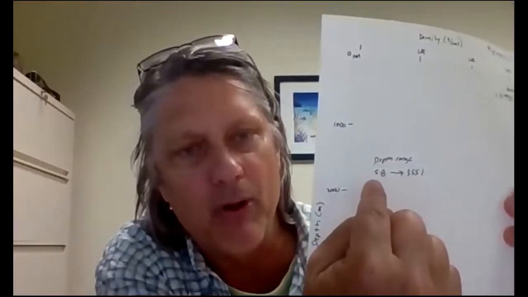Every box is 100, 200, 300, and so on up to 1,000. I did that because on a piece of scrap paper, I wrote the range. 5.8 is the lowest, and 3551 was the highest. And then I looked at how many boxes I had, and I figured out the most logical way to arrange the depth. The most logical way is 100 points per box.